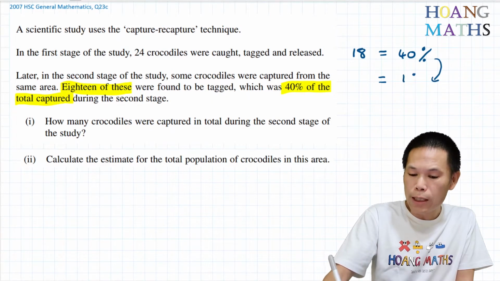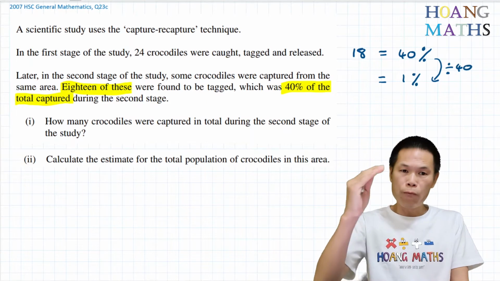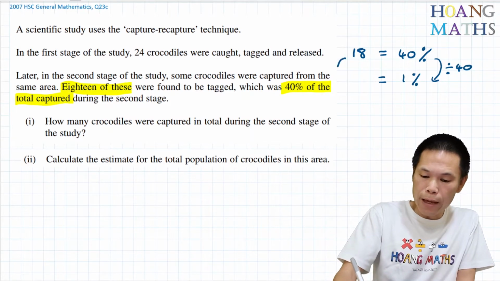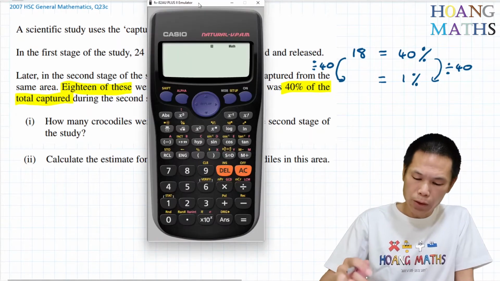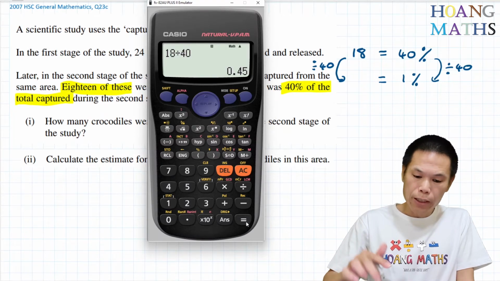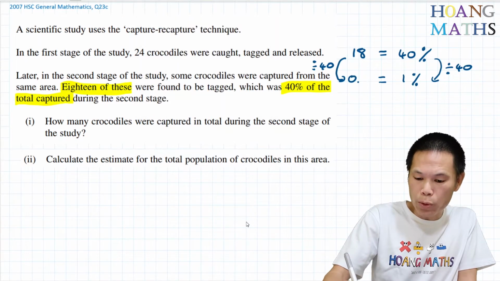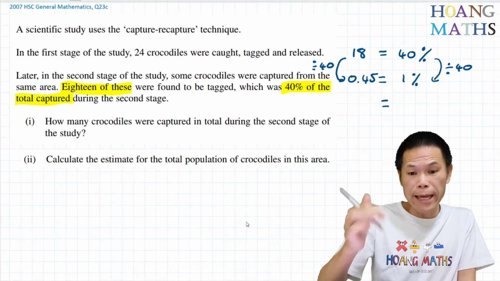To do this, I divide by 40, because from 40 to 1 we divide by 40. So I do the same thing on this side, so I divide by 40. So 18 divided by 40 is 0.45. Now we want to work out 100%.